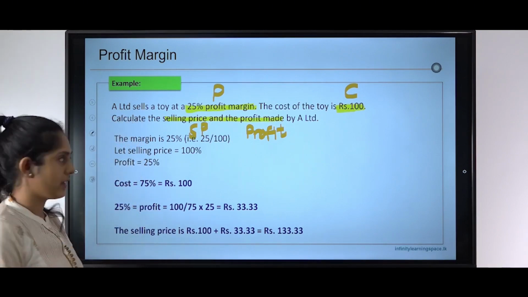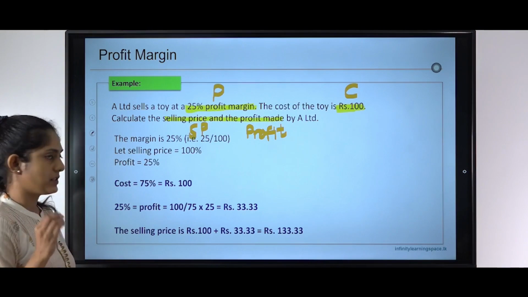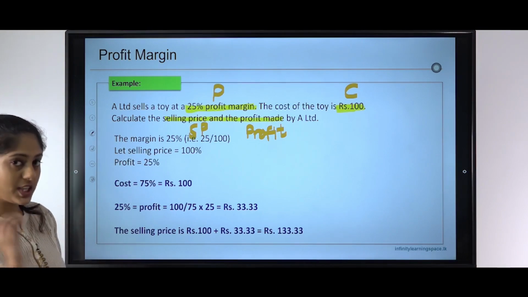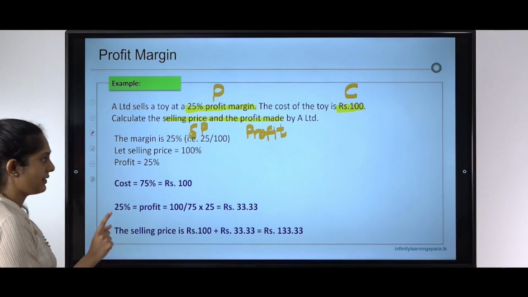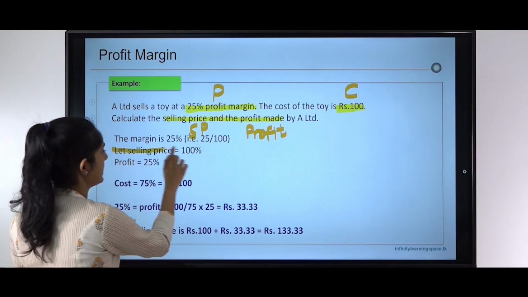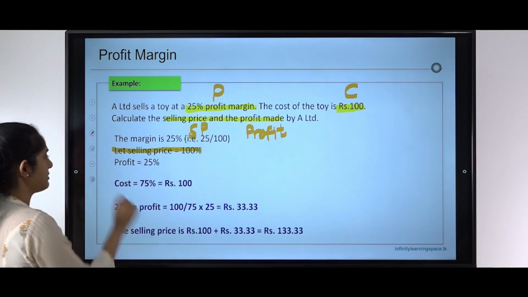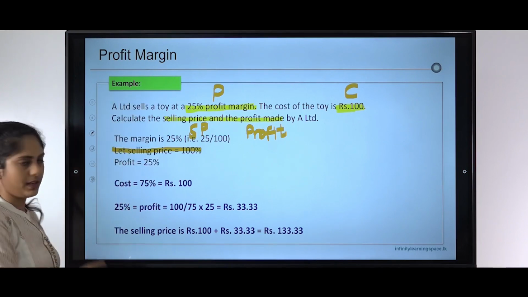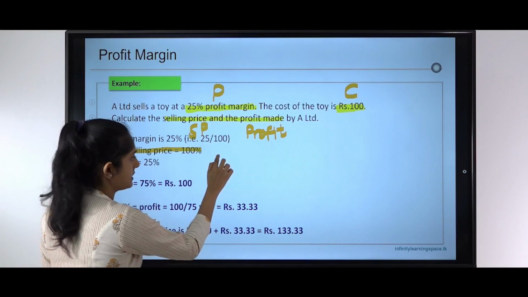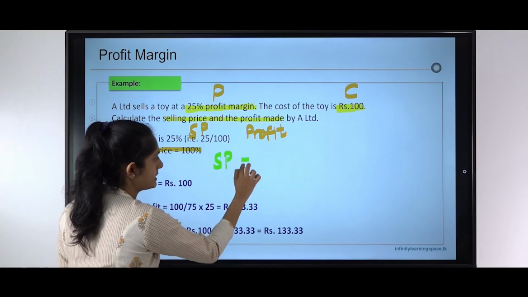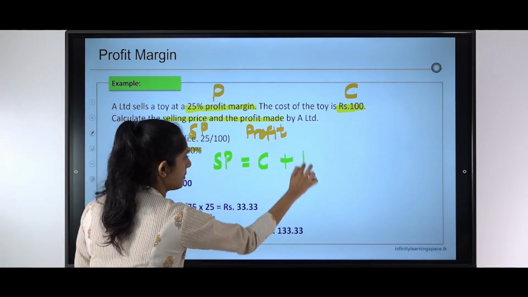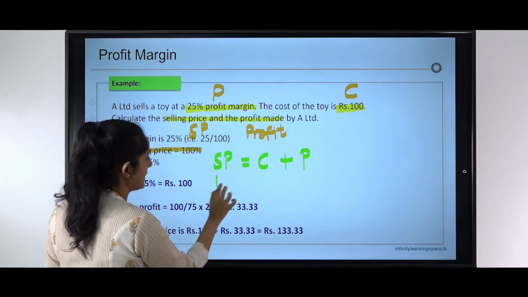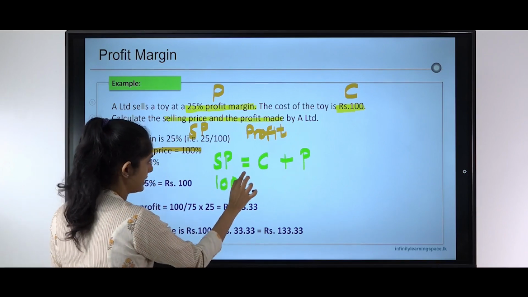The margin is 25%, they said. So in margin method we say selling price is 100. So here let selling price be 100. So if selling price is 100, within that your profit is 25. So selling price equals cost plus profit, right? Selling price is 100%.